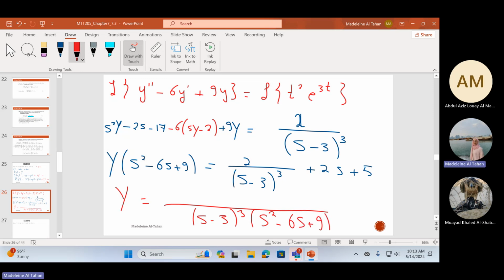Can we do common denominator here? 2 plus (2s plus 5) into (s minus 3), right, miss? You know, this square minus. Didn't I write it wrong? Can't you write s squared minus 6s?